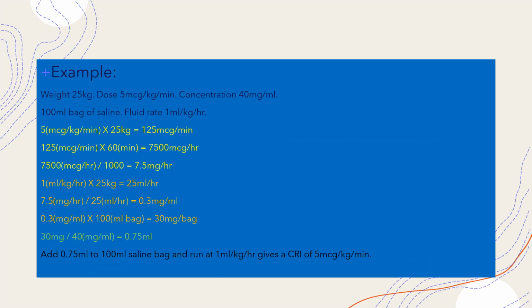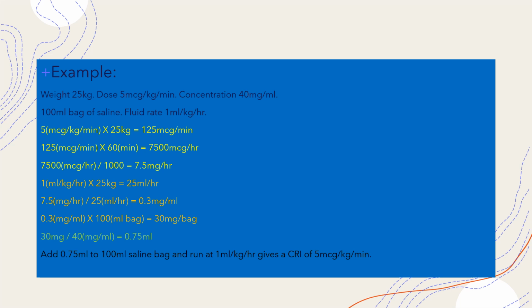So an example to calculate your dopamine. We've used a weight of 25 kilos. The dose we want to start would be 5 micrograms per kilo per minute. The stock concentration is 40 mg per ml. We would use a 100 ml bag of saline and the fluid rate would be 1 ml per kilo per hour.